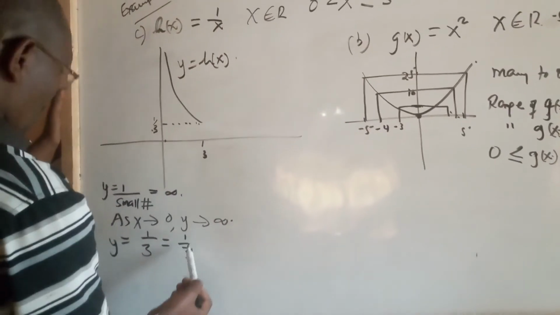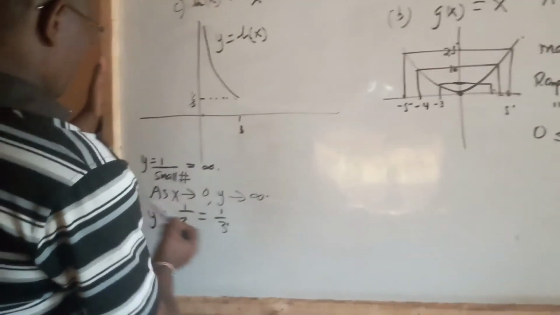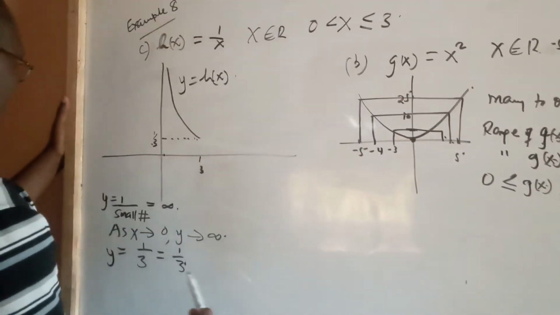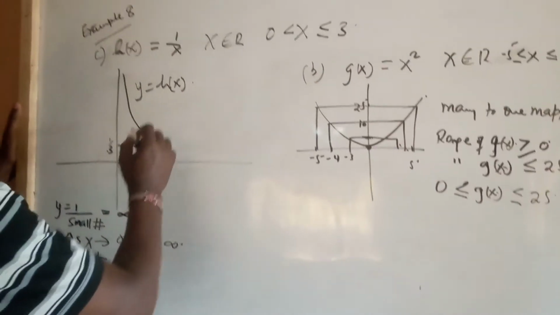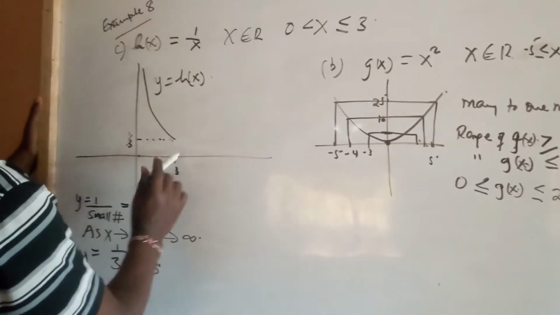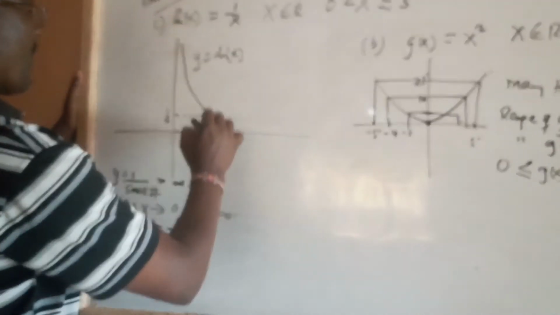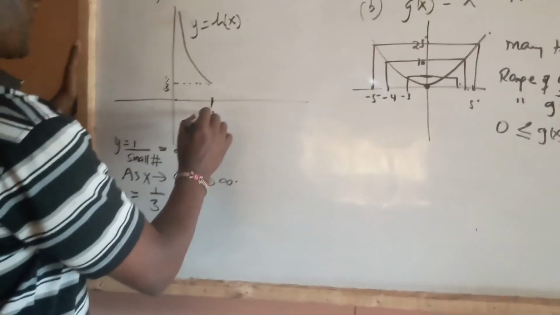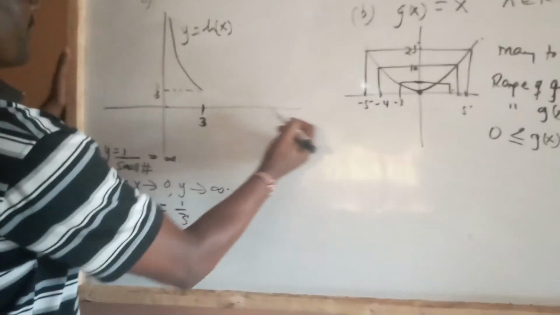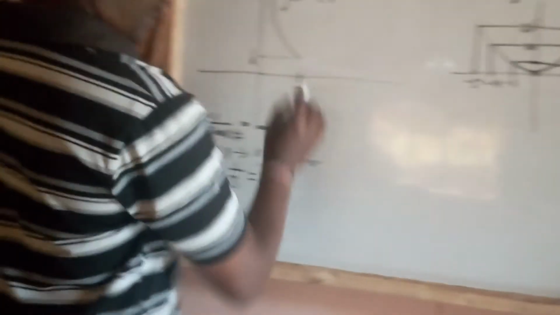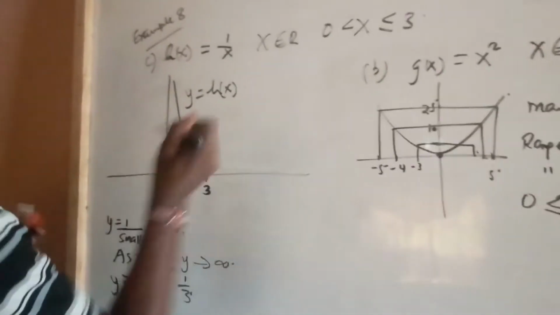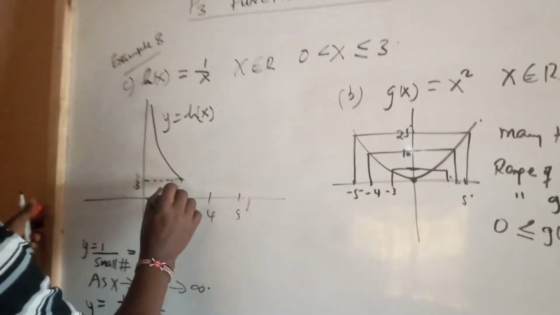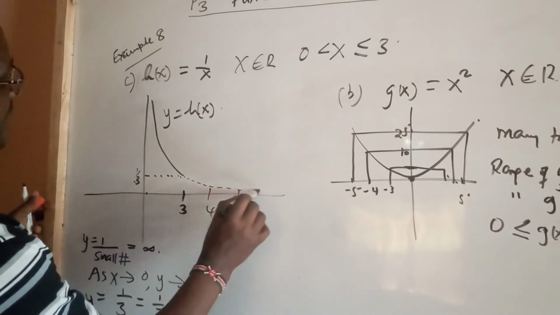with this consideration, as x approaches 0, y approaches infinity, such a big number. But on the contrary, it has a limit. It does not go below a third, simply because our x does not go beyond 3. If you are supposed to show when x is 4, when x is 5, then our graph would have been produced like that.